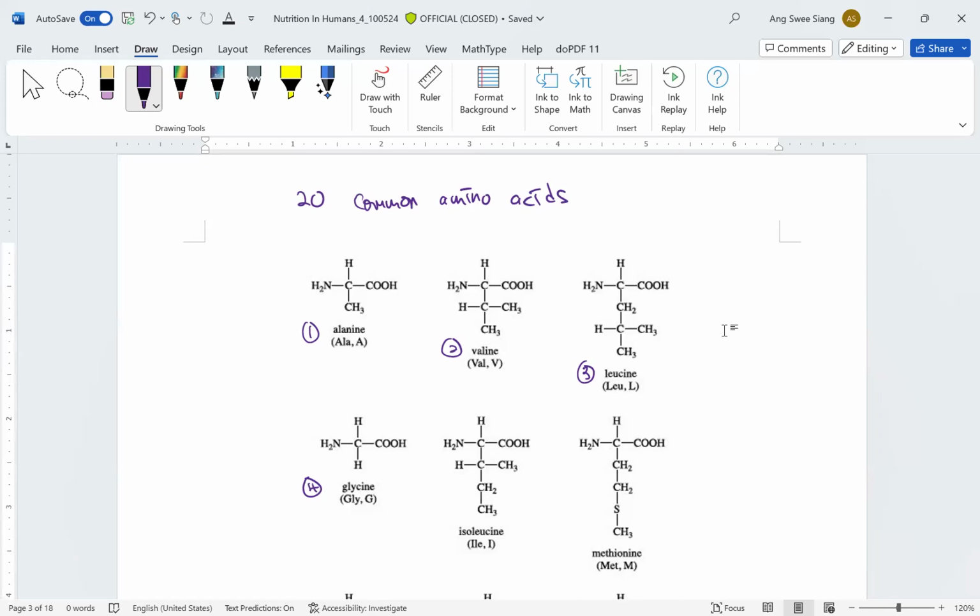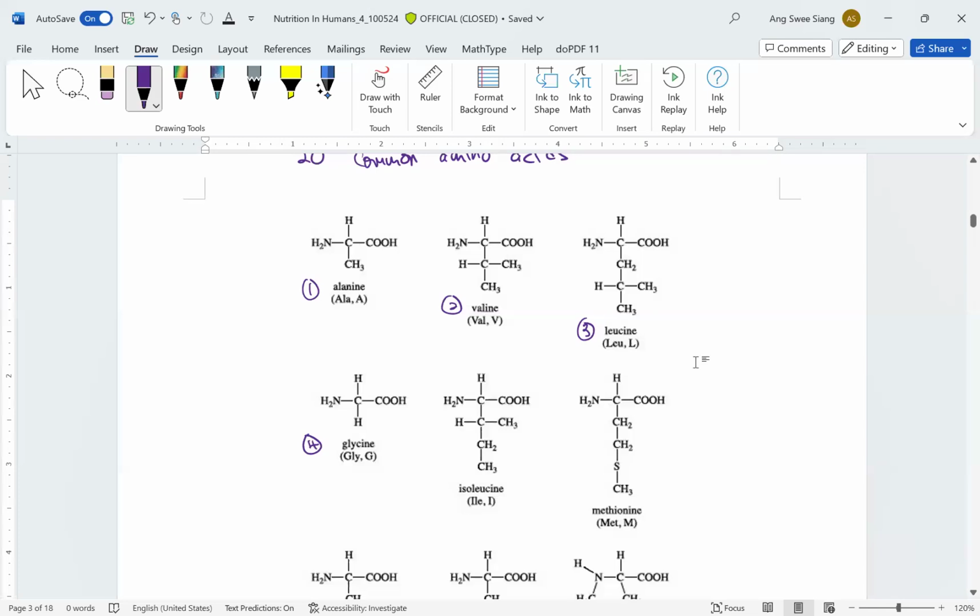If you look at a few of them, you will notice that there is this amino group, the carboxyl group, then the hydrogen, then this is the R group.